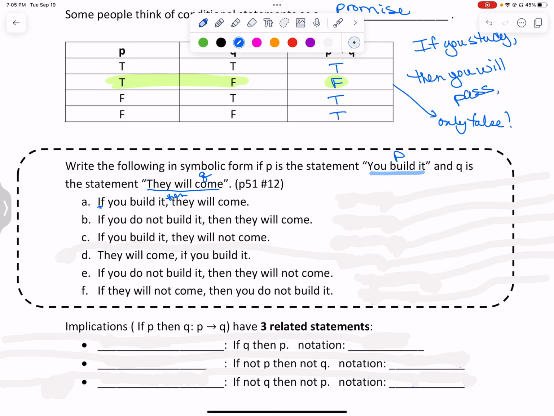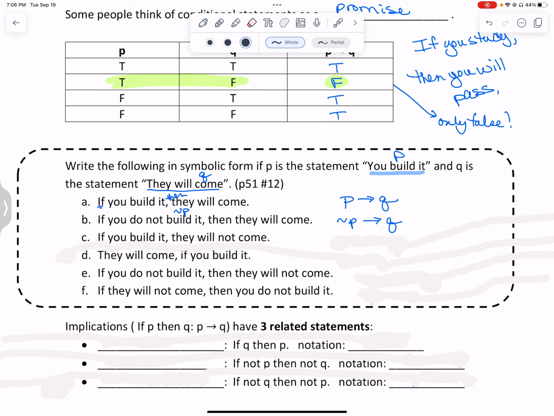If you build it, they will come. So that should be P, then Q. If you don't build it, so build it is P, and don't build it would be the negation, then they'll come. So that's going to be, if not P, then Q.